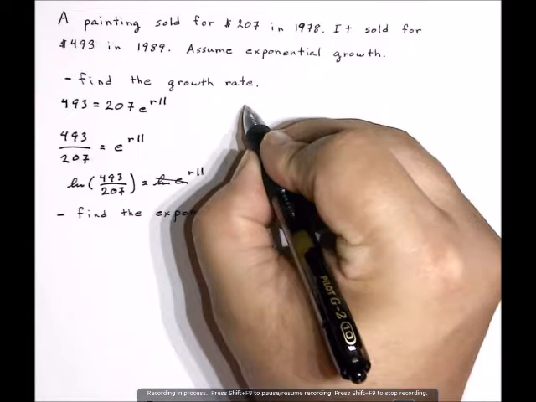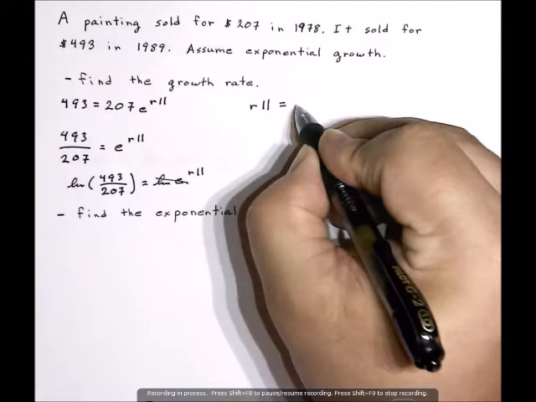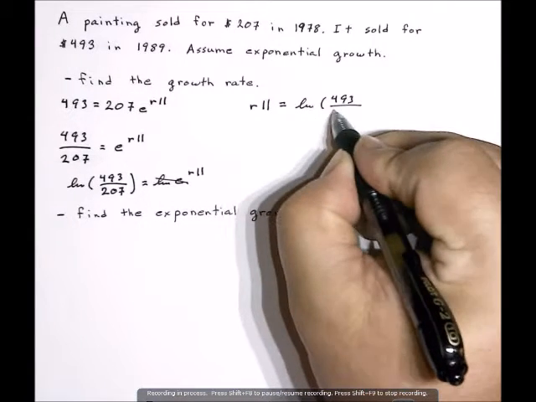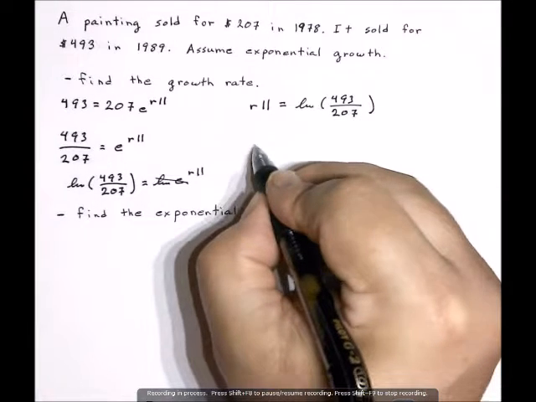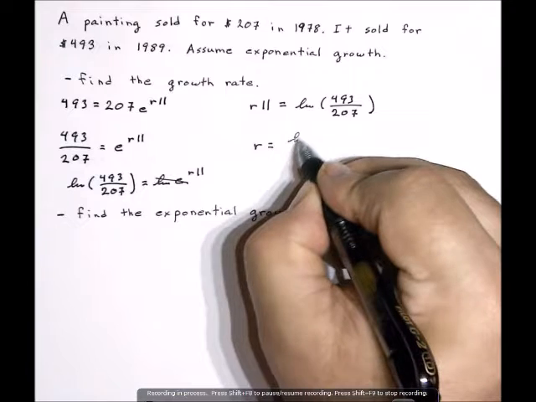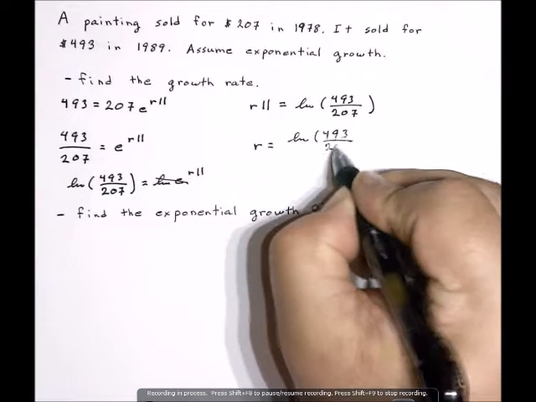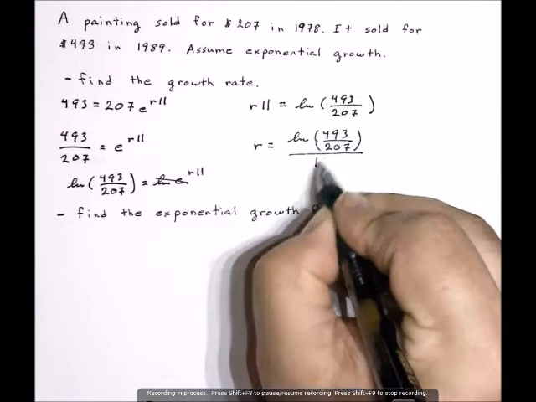So I get R times 11 equals the natural log of 493 over 207, or the rate equals the natural log of 493 over 207 divided by 11.